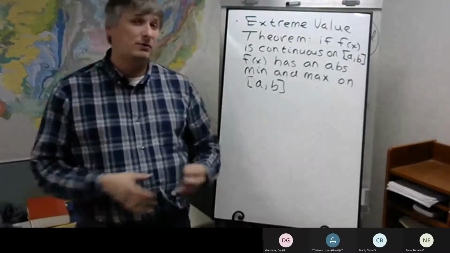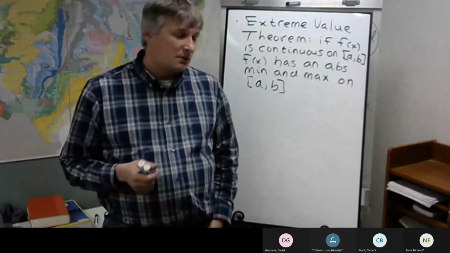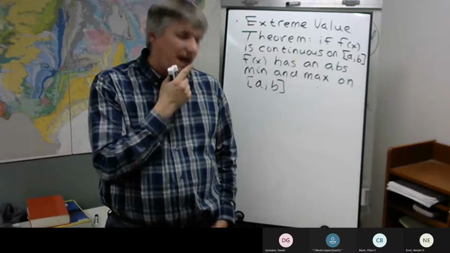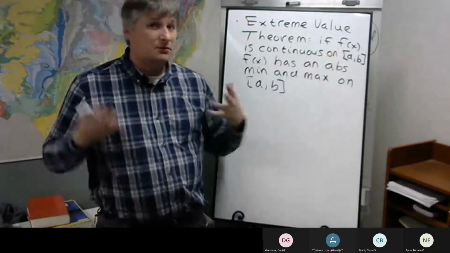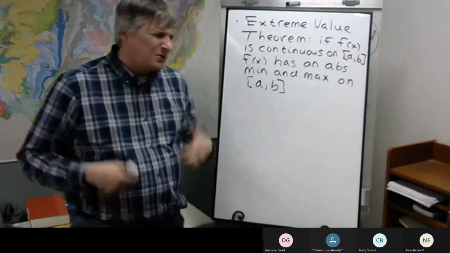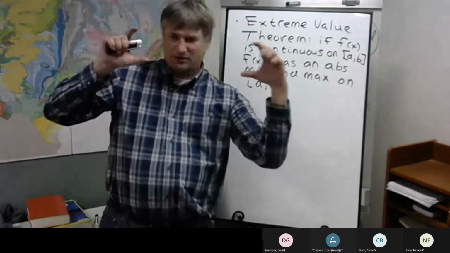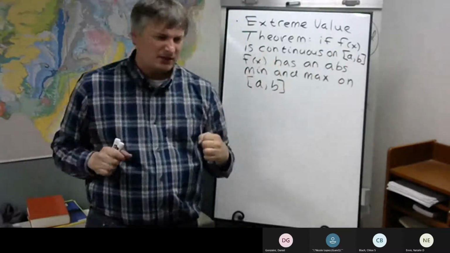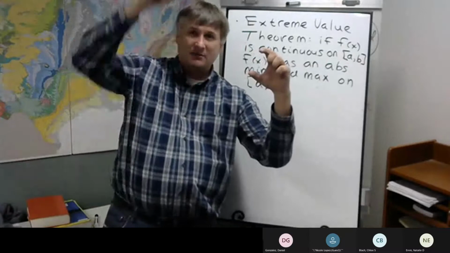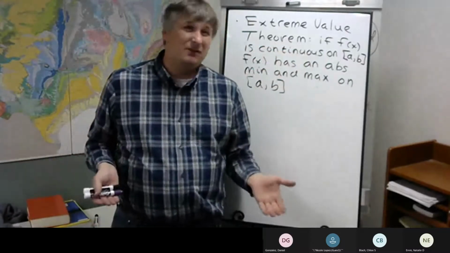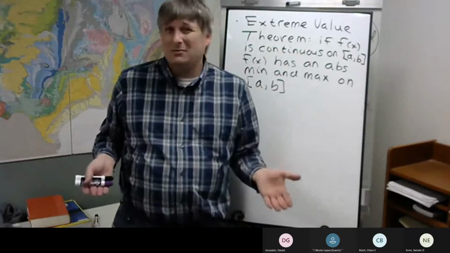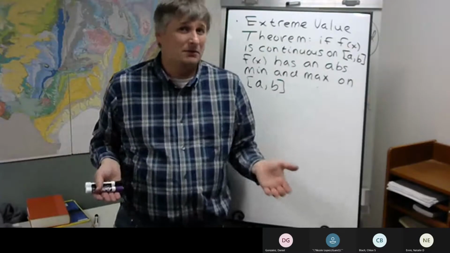This is always going to happen, as long as f is continuous. You can come up with functions and look on some interval AB, like a function that has a vertical asymptote inside AB. But if the function has a vertical asymptote, it's not continuous at the location of the asymptote.